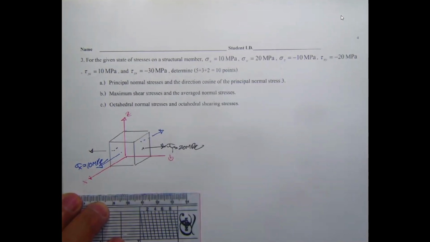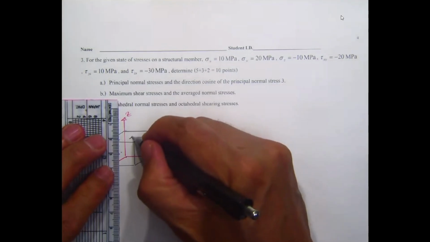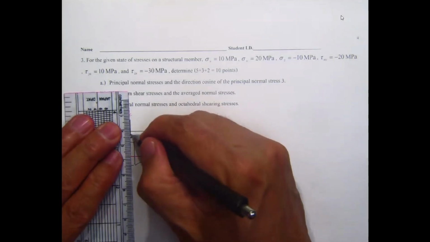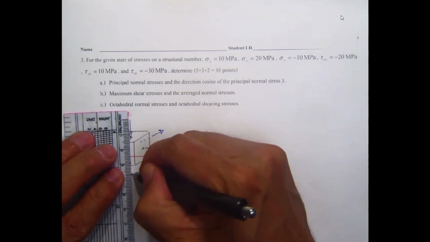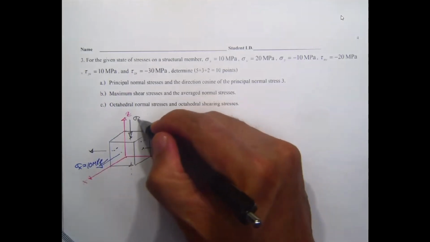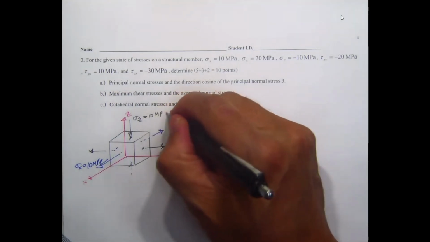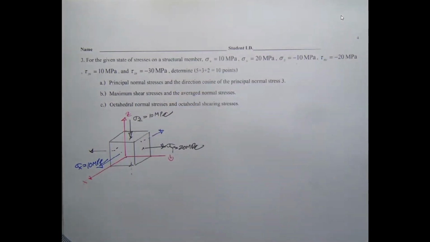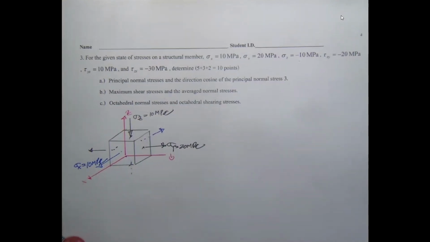And then we have sigma c. Sigma c is negative, it's going to be in compression. So this is sigma c equal to 10 megapascal. Okay, Angelo, you should be able to draw the picture like this one.